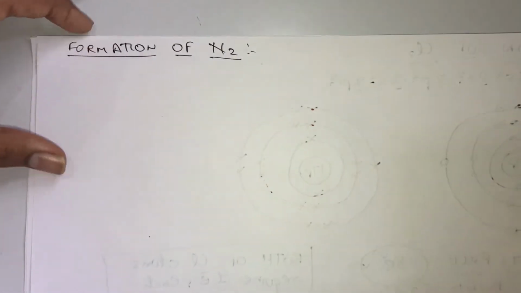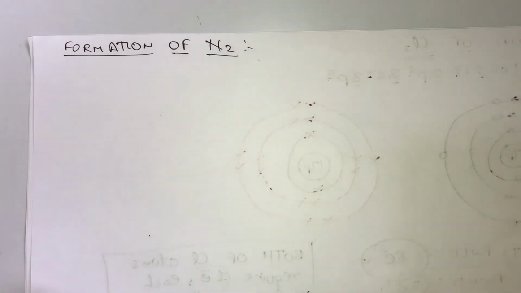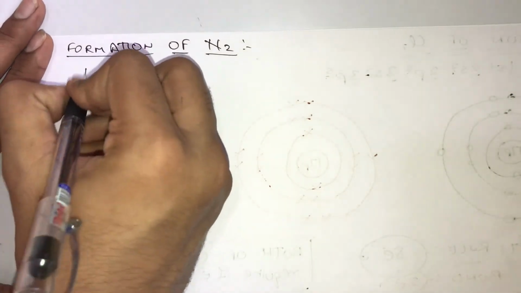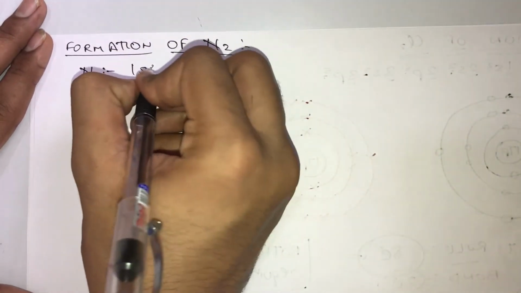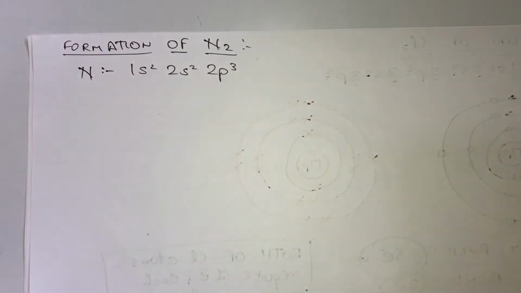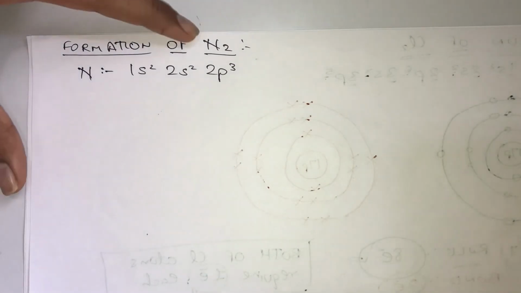Now first of all, obviously you must know the electronic configuration of nitrogen. The electronic configuration of nitrogen is nothing but 1s2, 2s2, 2p3. Now let us draw the diagram of a nitrogen atom.